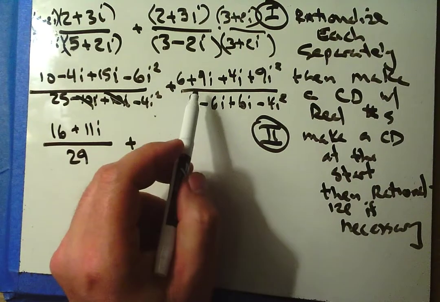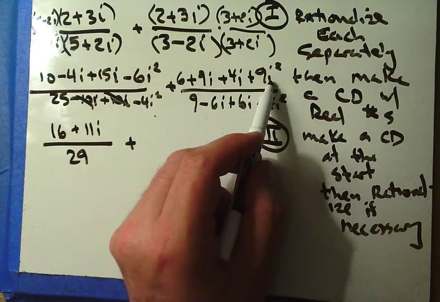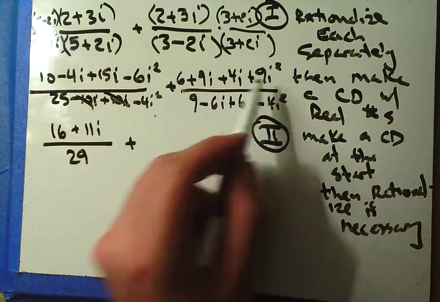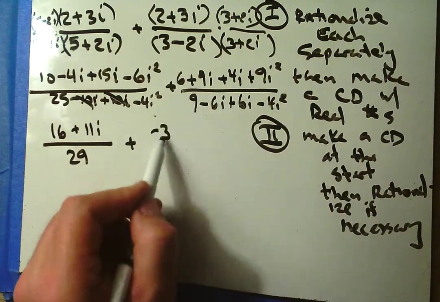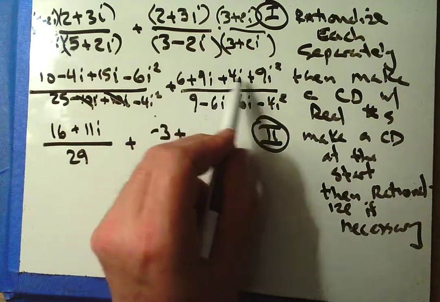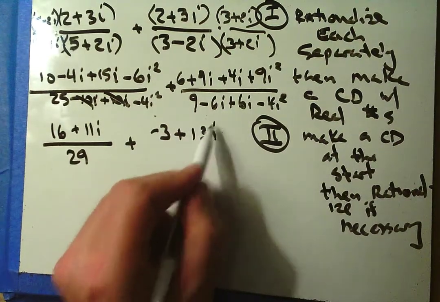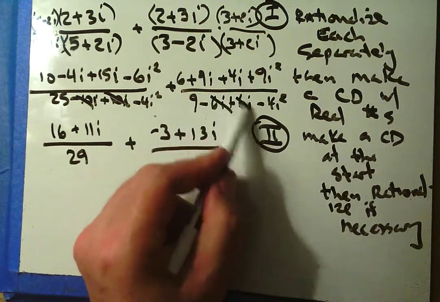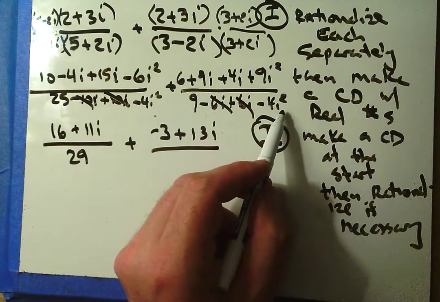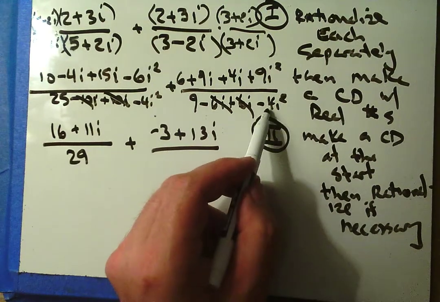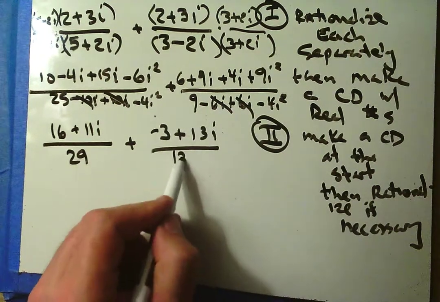Plus, over here, I squared is negative 1, so I've got negative 9, plus 6 is negative 3, and then 9i plus 4i is 13i. All over, these cancel. I squared is negative 1. Negative 1 times negative 4 is positive 4. 4 plus 9 is 13.